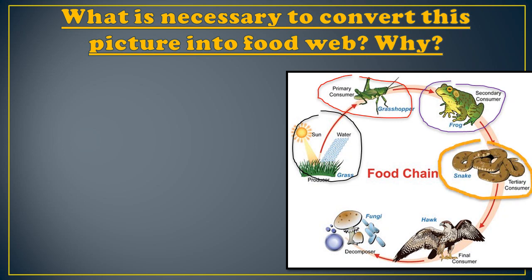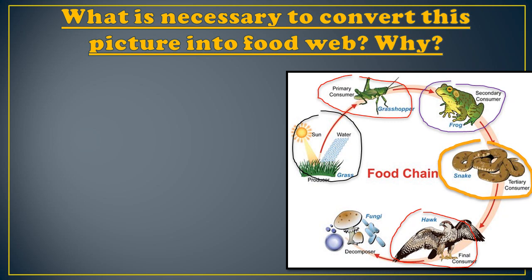And next is the tertiary consumer, the third level of consumer, with the example given as a snake. So a snake depends on the frog. And the final consumer, or we can say apex consumer, is the hawk, which depends on the snake. After the death of all these organisms, what happens? They decompose into the earth.